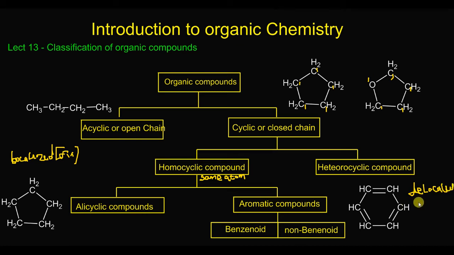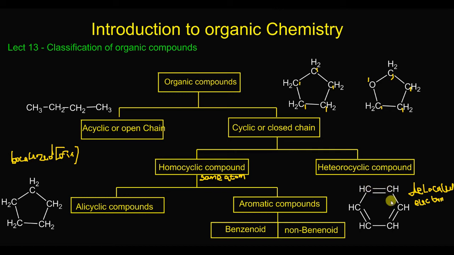So here, one of the electrons inside are delocalized. Now you can see from here that there is a double bond here and a double bond here. In every double bond there is one single bond and one pi bond.